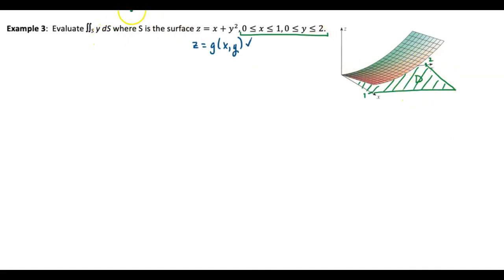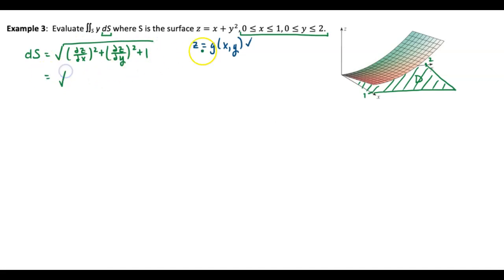The only other thing we need to do is deal with this dS. This dS tells us that this is a surface integral, and in this case our dS, rather than being the cross product, and let's make sure this S is capitalized for consistent notation, is going to be equal to the square root of the partial derivative of z with respect to x squared plus the partial derivative of z with respect to y squared plus 1. So let's find this.